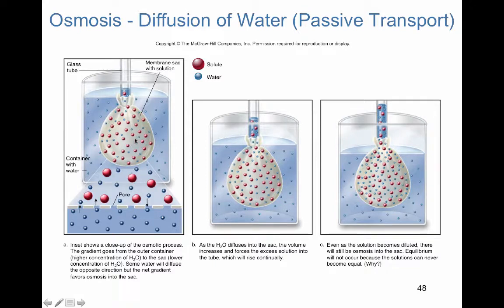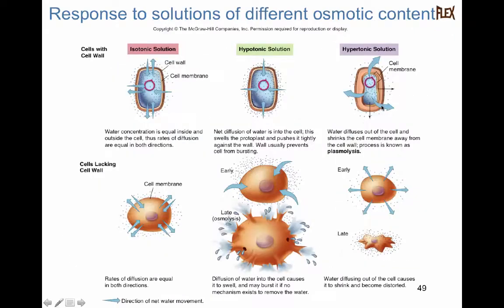And what you see here is that there are more water molecules outside of this cellophane sac than there are inside. And so what's going to happen is water will go from an area of high concentration to an area of low. So if you take a look here, water is flowing from the outside of this bag to the inside, and you see the level goes up here.